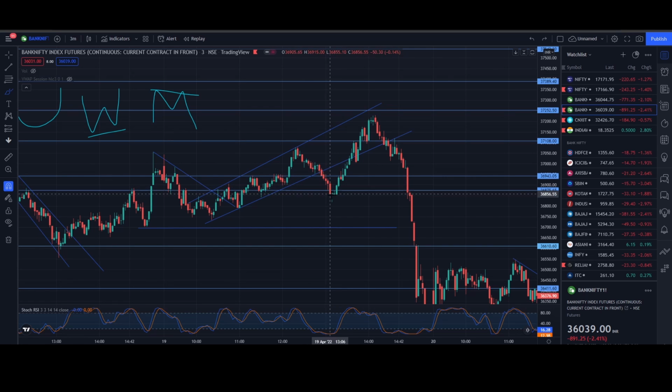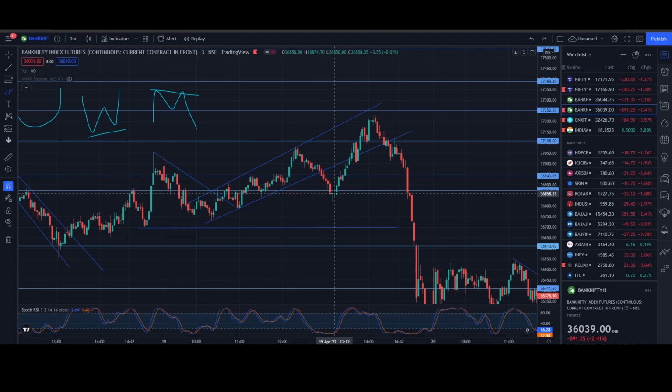And again, when this hammer candle was formed, this is very important. A hammer candle is of no use if there are not good green candles associated with it. There has to be a green candle with a hammer candle, then only it is activated.